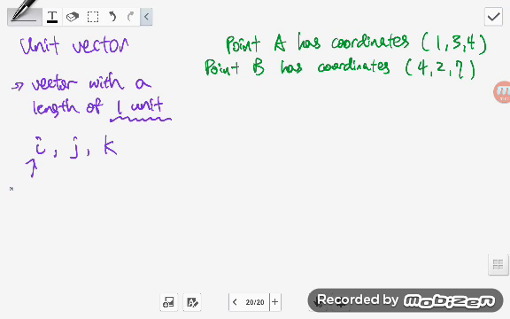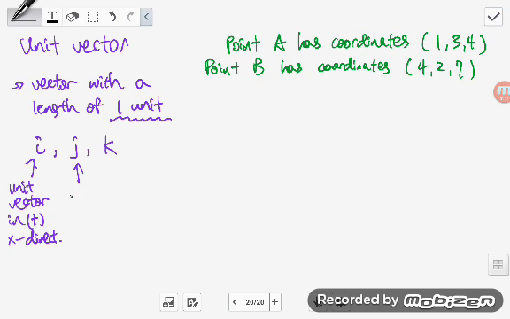Where my I is the unit vector for my x in the x direction, in the positive x direction, to be exact. Right.